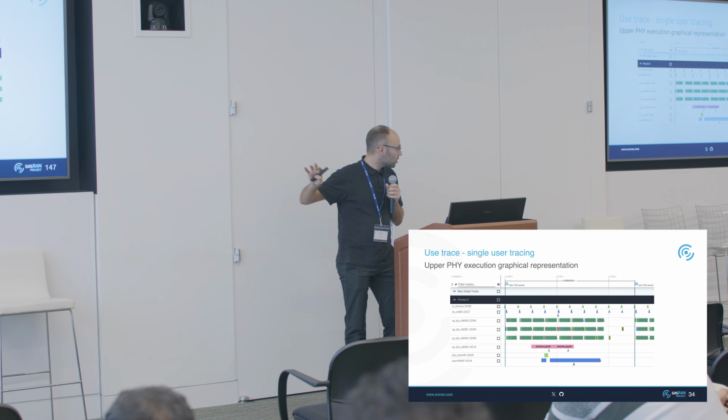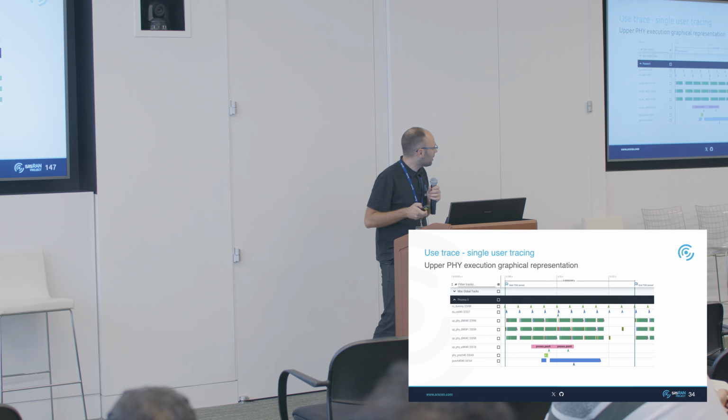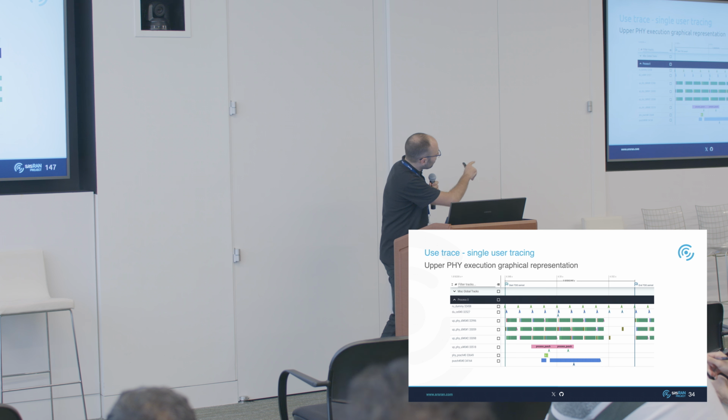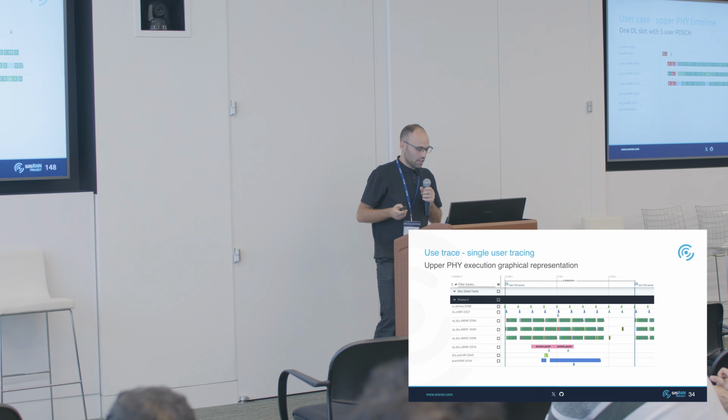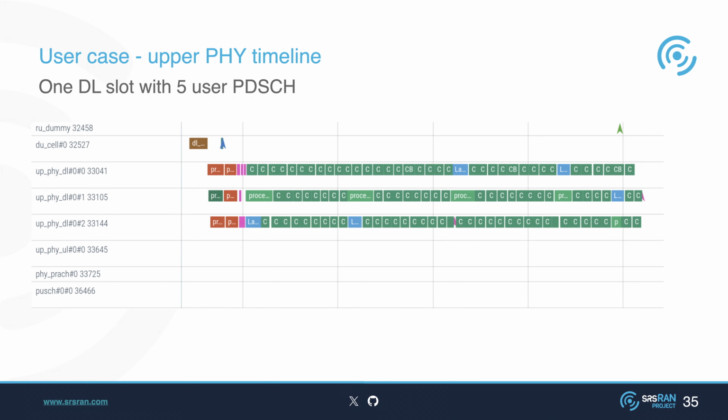You should be able to see that we have 3 downlink threads, which are the ones with the green boxes. Then the pink one is the uplink thread, and the blue boxes at the bottom are the PUSCH. This is basically the same trace, but for 5 users and a single slot.